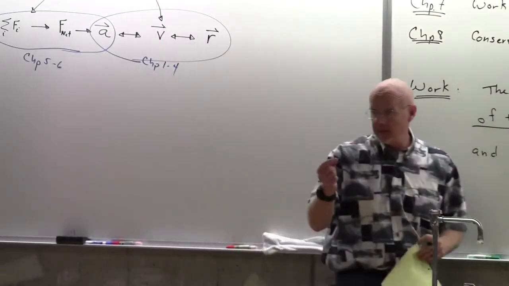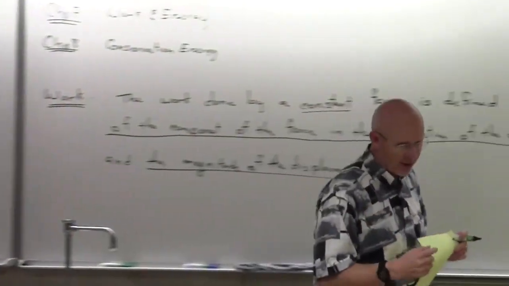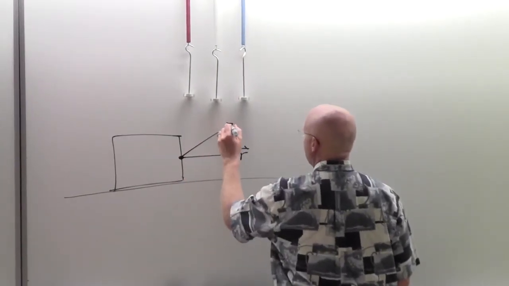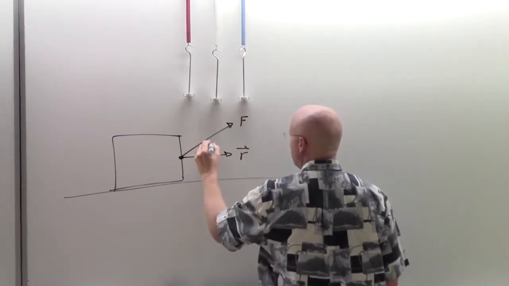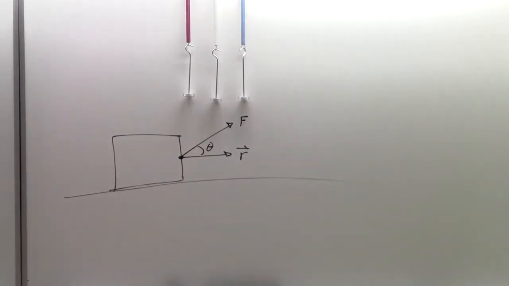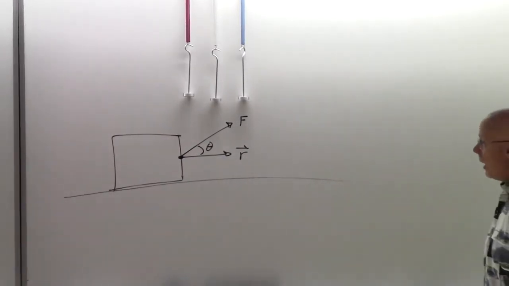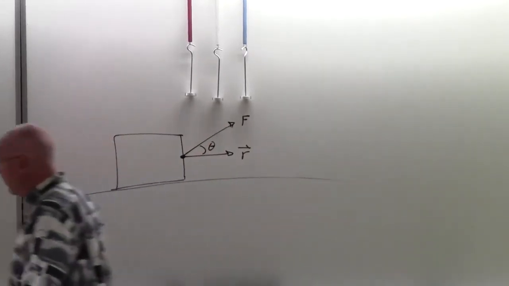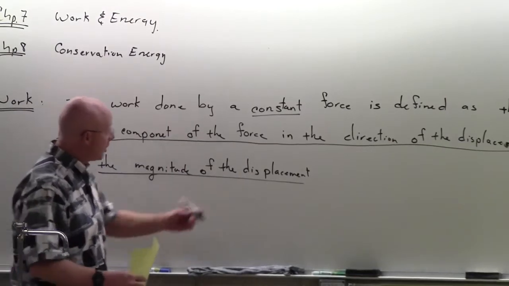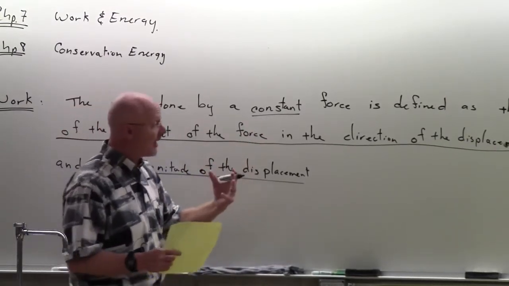That doesn't necessarily mean we pulled it along a horizontal line. We could have been pulling it at some angle theta relative to the displacement that it moved. But this first one right here says, okay, how are we going to define the work? And of course, notice it's only by a constant force. So we've got to add to that.